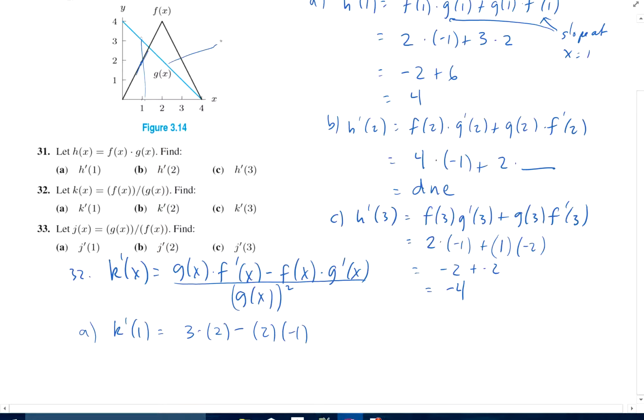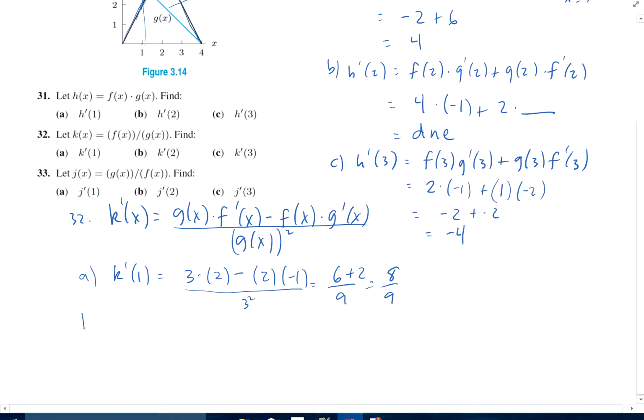Because I know the slope of g is negative 1. This slope is 2, and that's negative 2. All over g of 1, that's 3 squared. So that becomes 6 plus 2 over 9, which is 8 over 9.